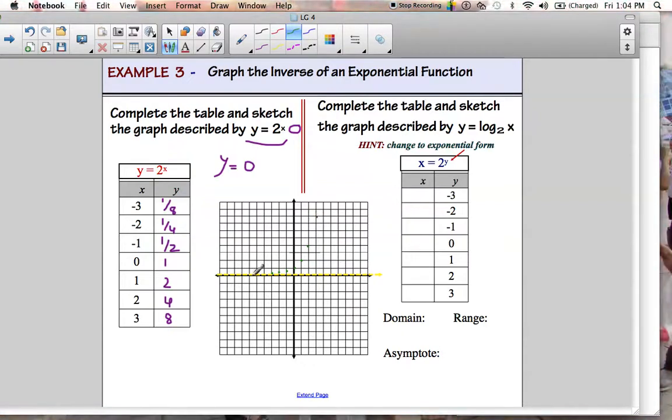So that's something we did. So it sort of looks like that, right? Okay, so there is our exponential function.